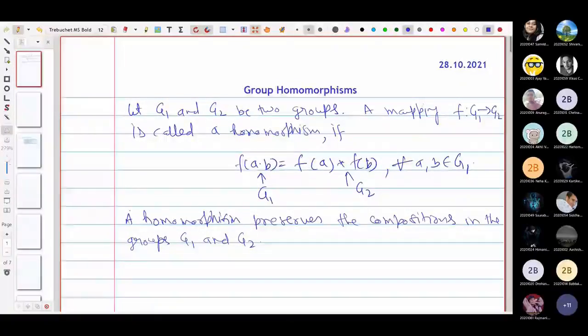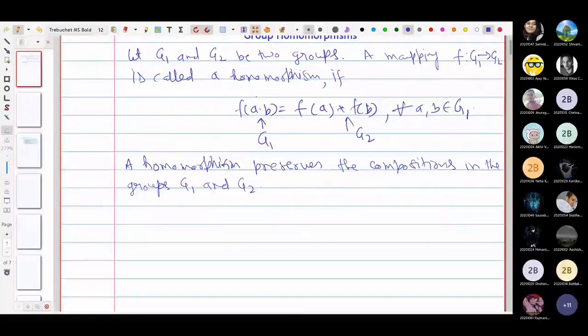Sometimes we skip these operations, like here dot and here star. Essentially we were considering G1 with the operation dot and G2 with the operation star.